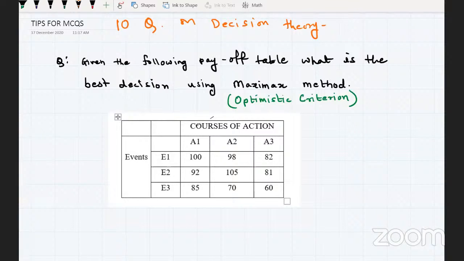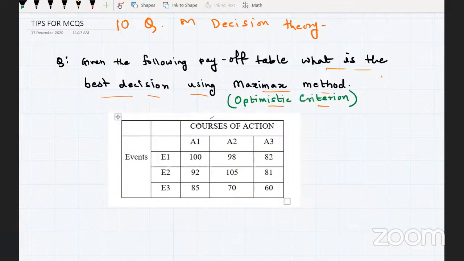What I mean by pattern is, suppose I read out the first question now, for example. The first question is, given the following payoff table, what is the best decision using the Maximax method? Now, the Maximax method is also sometimes known as the optimistic criterion or optimistic method. So whichever name is used, you have to follow the steps which I'm showing now.